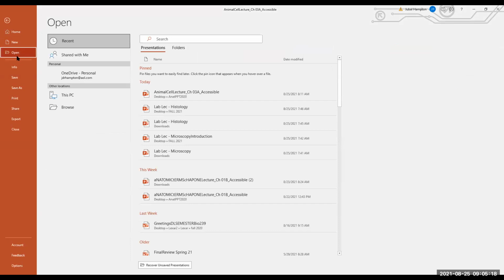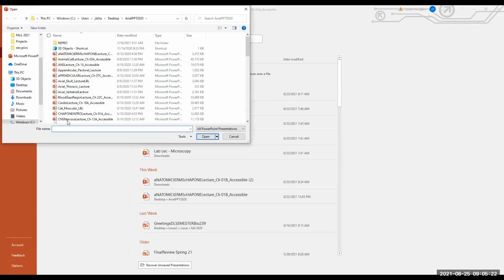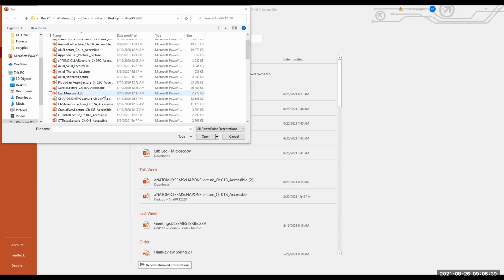Okay, as I look for it here, I should be able to browse and see what I'm looking for here. Okay, now I share. Where is it?